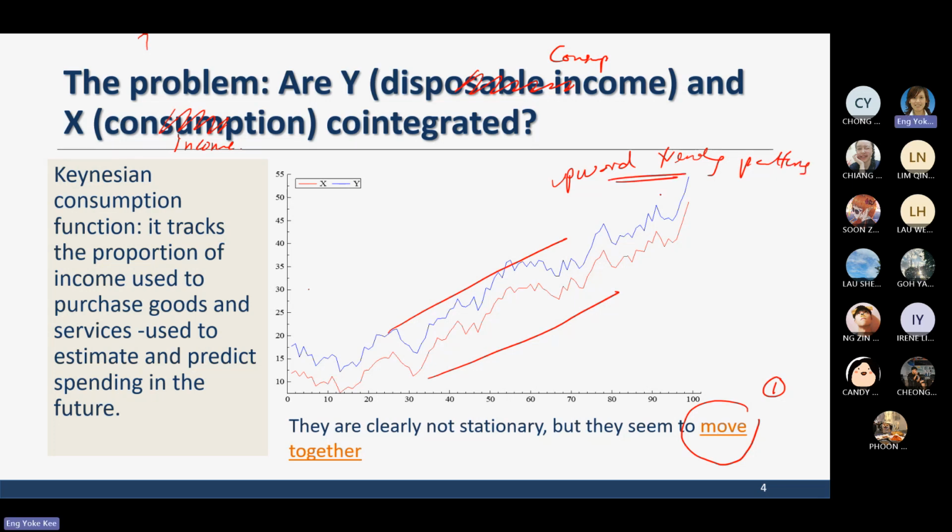A trending pattern is something that we don't want to see, am I right? And this is typically what you see in practice. So this upward trending pattern basically signals that the data X and Y are not stationary.